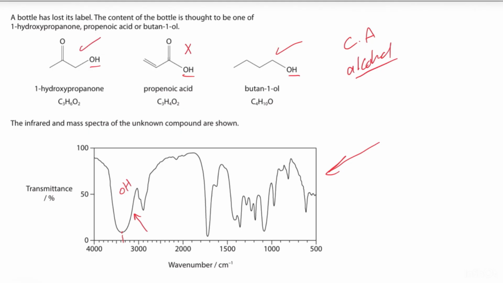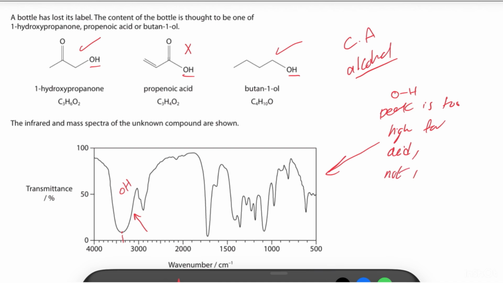So we exclude the first one because the OH peak here is too high for an acid. So it's not propanoic acid.